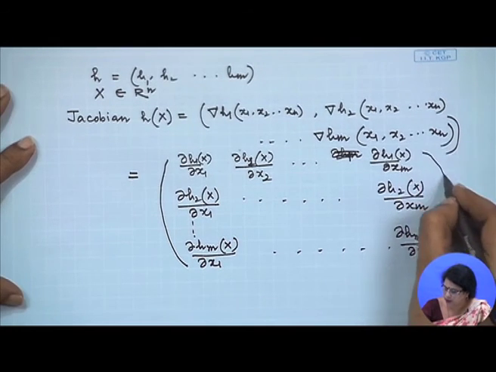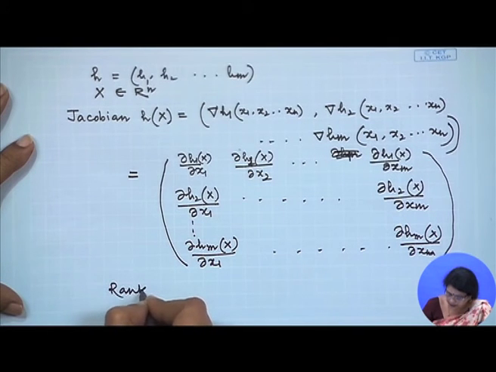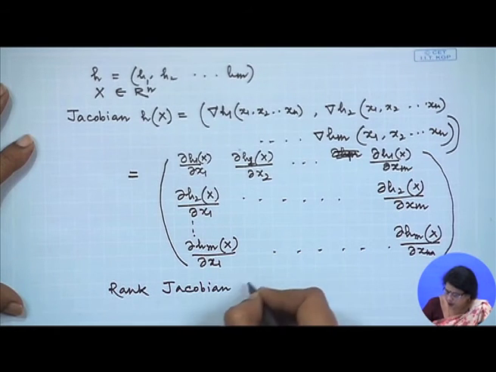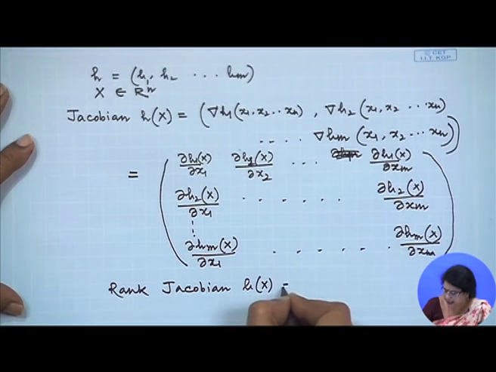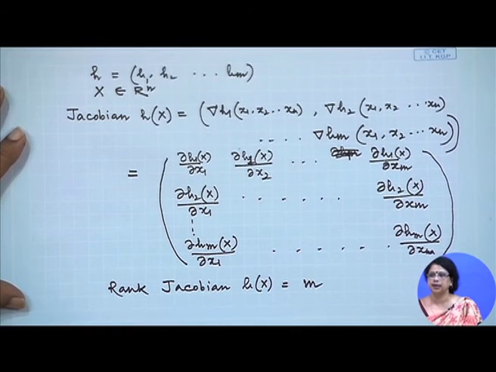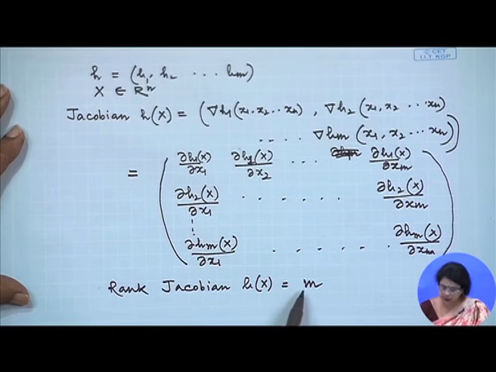That means we should always find that the rank of the Jacobian of H(x) is equal to m. This is the condition.